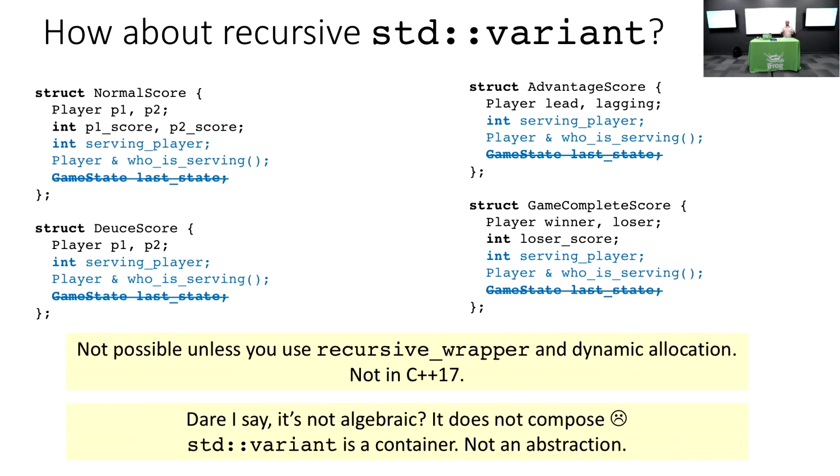You cannot do that with std::variant alone. And with recursive wrapper, you also kind of have to bring in dynamic allocation. So you lose the nice value semantics of variant, but that's just a downside of dynamic allocation or dynamic abstraction.